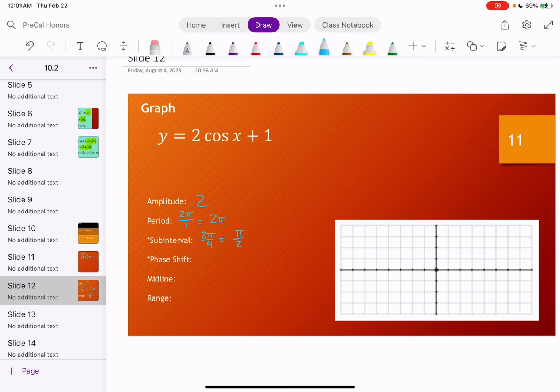Our phase shift is negative c over b. Keep in mind, in this case, we do not have a c. The plus 1 that we see here is actually our d, or our midline. So in this case, we have 0 over 1, or 0 for our phase shift. Our midline in this case would be a positive 1.